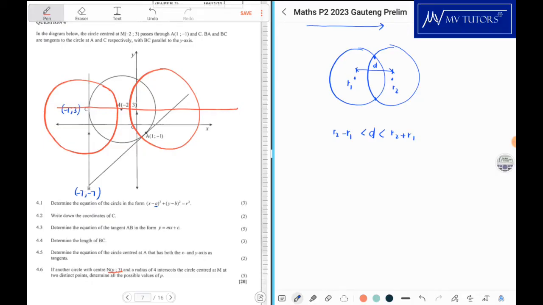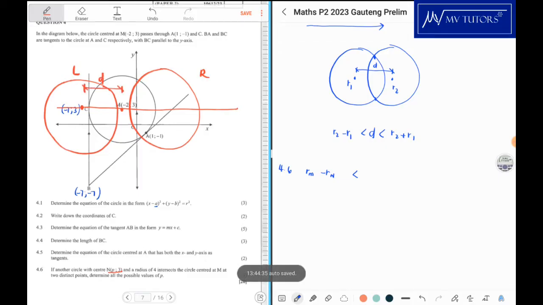But this time, we're going to have two scenarios because, like I said, you could have the circle being on the left side of the original circle or on the right side of the original circle. So for 4.6, I will say we're going to have the radius of m minus the radius of n being less than the distance d. Let's say this is the distance d for the first scenario.